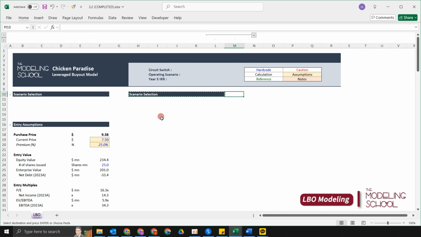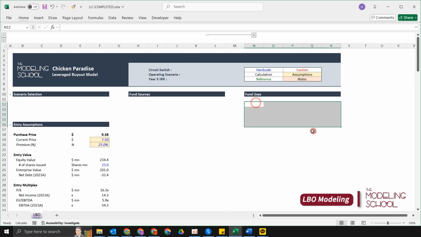Let's copy these across and we're going to write fund sources and fund uses. So remember that fund uses are costs such as costs used to acquire the equity value, costs used to assume existing debt, financing costs, advisory fees, legal, other fees, etc. So there are all of the costs associated with this particular deal upon entry.